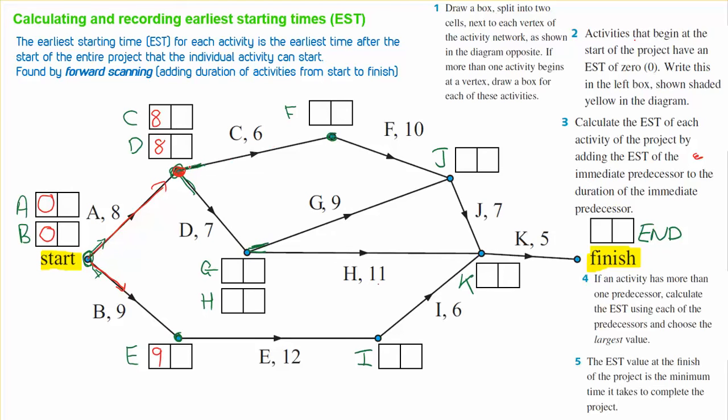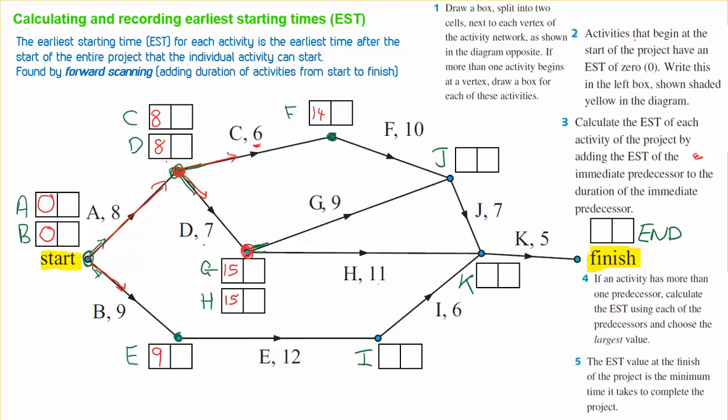Well, once we get up here, we've got to keep completing the boxes. So if we go down C, it took 6 days plus the original 8. That takes us to 14. If we're going down D though, D was taking 7 days and we started at 8. So to get to G and to H, it was going to take 15 days.